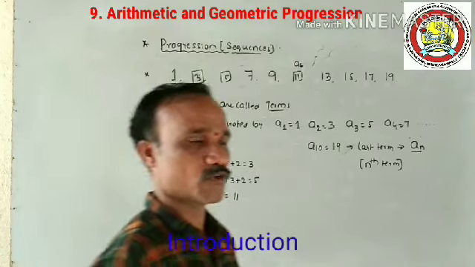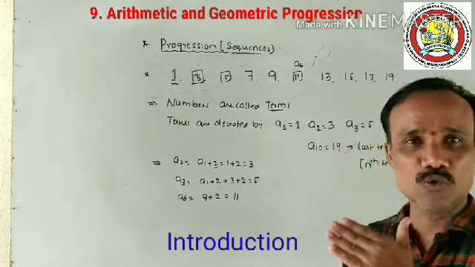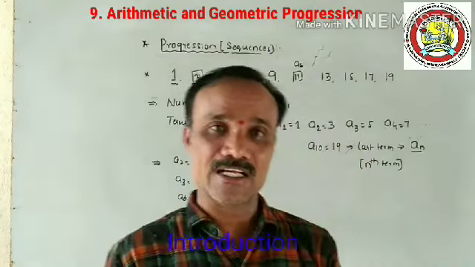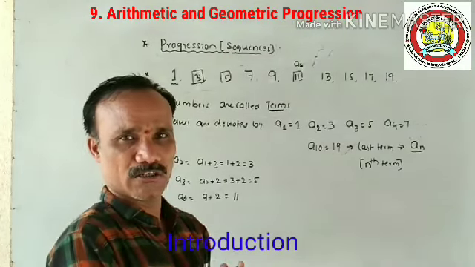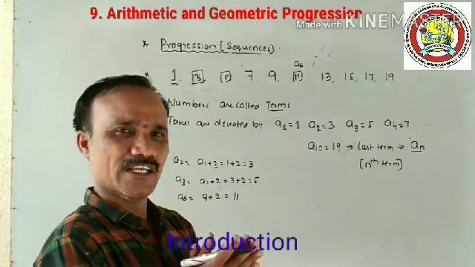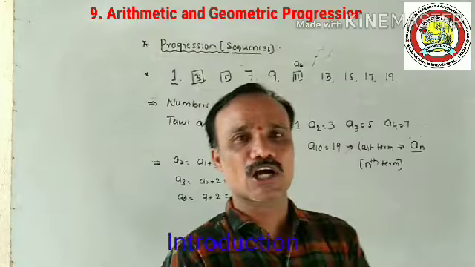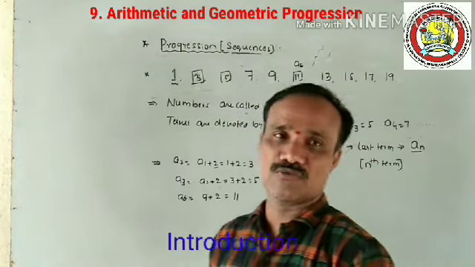So what is the meaning of progression? Progression is a group of numbers arranged in a particular manner, or in a particular pattern, or according to a definite rule. That is very important.